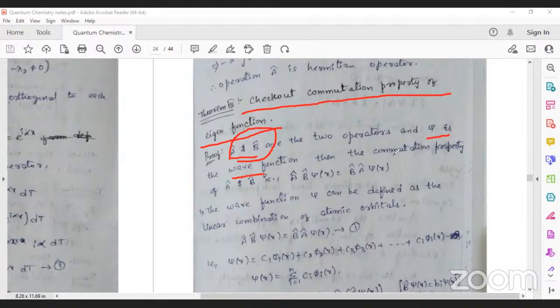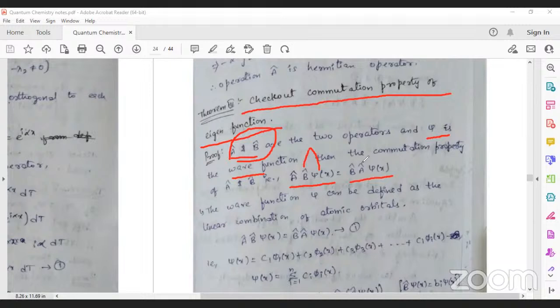So the two operators are involved in the commutation property. Therefore, we can say A into B into psi is equal to B into A into psi. What is the meaning? It means if operator B operates on this wave function psi, we'll get some result. Again, the operator A is applied on that result, and we'll get another new result.